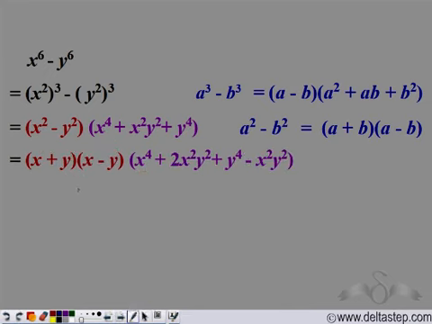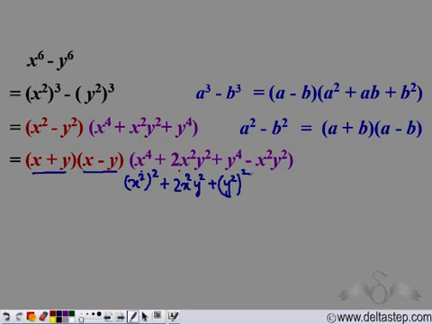So let us do this to this part of the expression and see what we get. We factorize it to get x plus y into x minus y. x square minus y square has been factorized to get x plus y into x minus y. And we write this as x to the power 4 plus 2x square y square plus y to the power 4 minus x square y square. We have added an x square y square term and subtracted an x square y square term. Now we have x square whole square plus 2x square y square plus y square whole square.